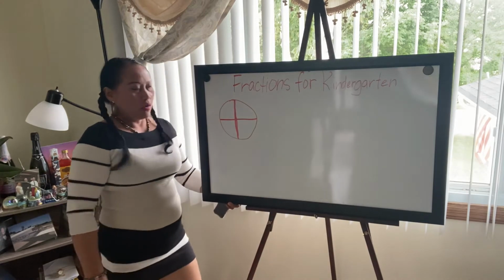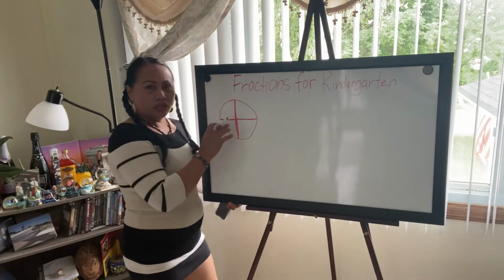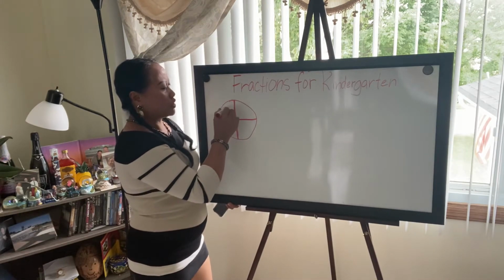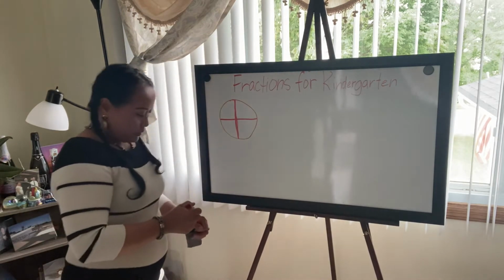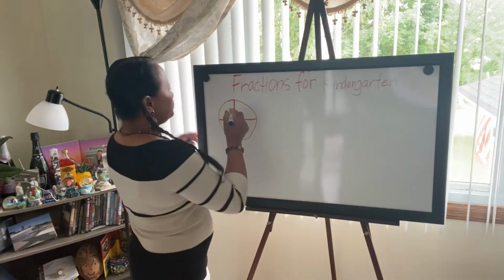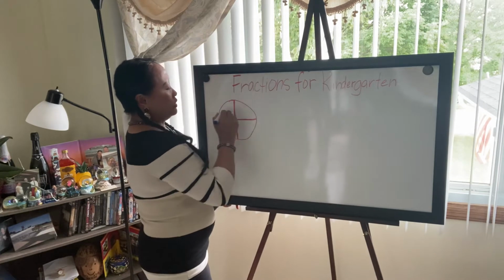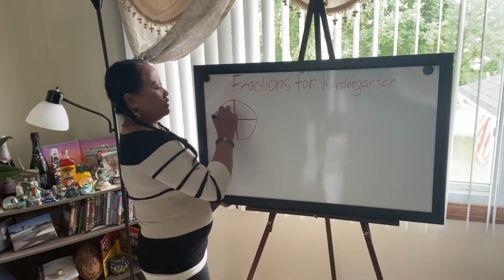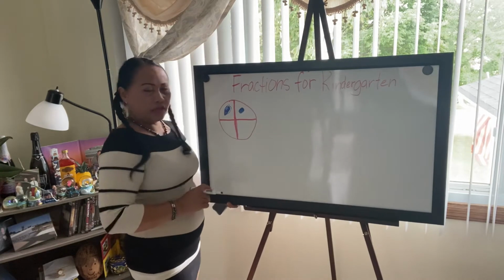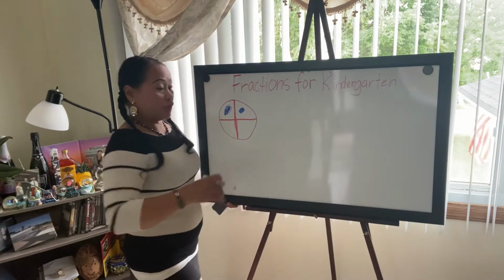So this pizza pie is 4 pieces. Now I will give these 2 pieces, let's shade this. The shaded part will give these 2 pieces to Angel.